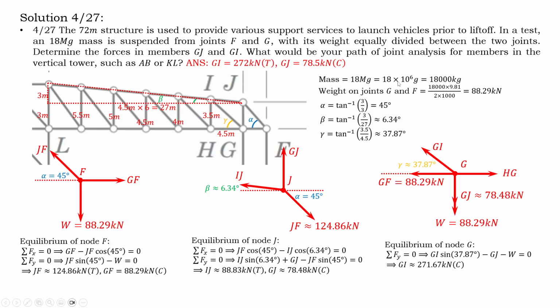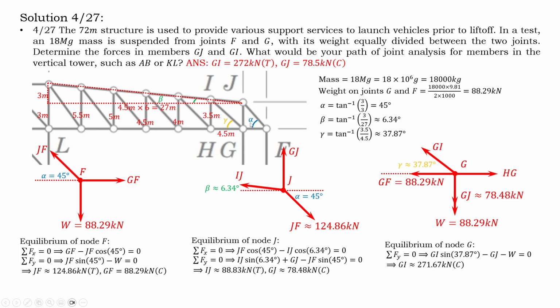So the mass is 18 times 10 to the power of 6 gram. So how much is the weight, the force? We will multiply this by g and divide by 2 and again by 1000 to change it to kilonewtons.